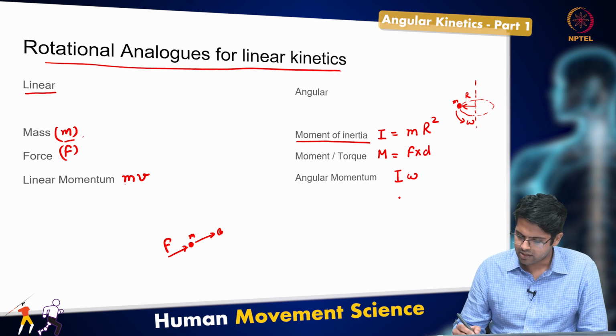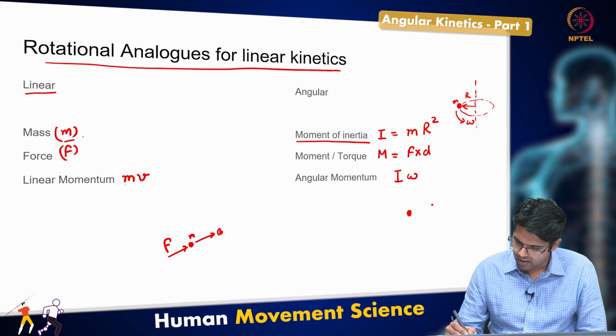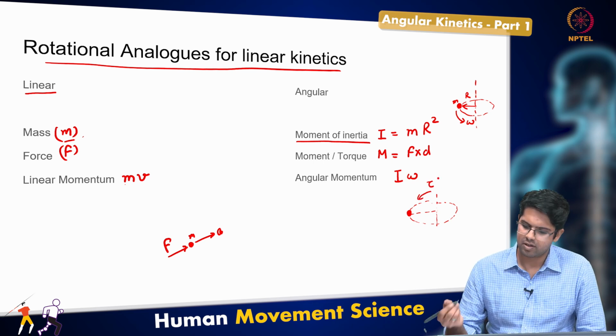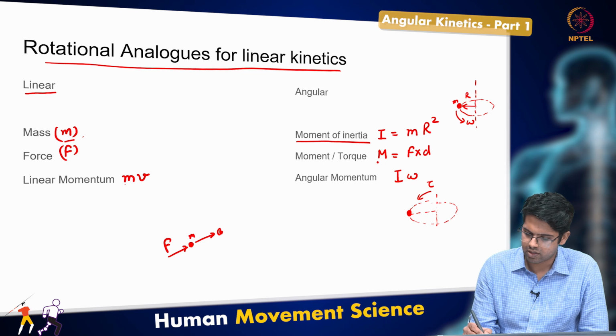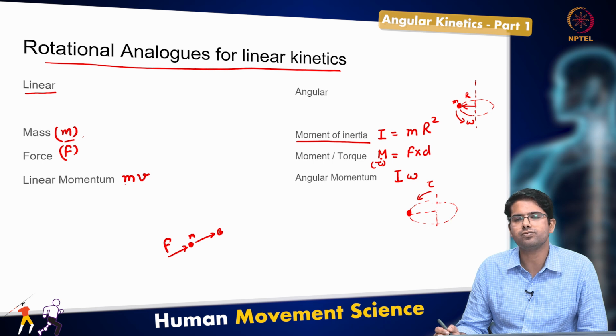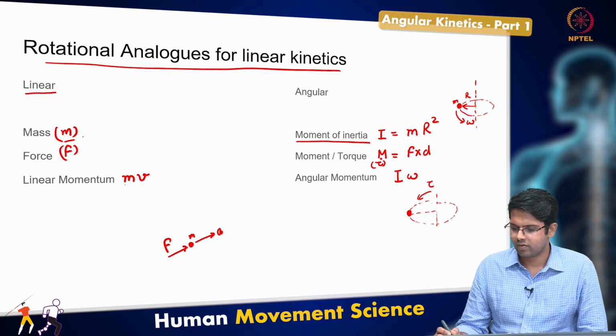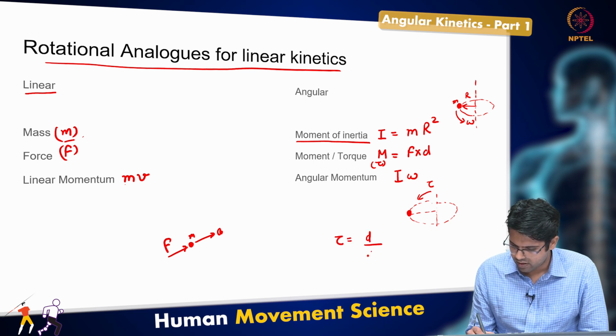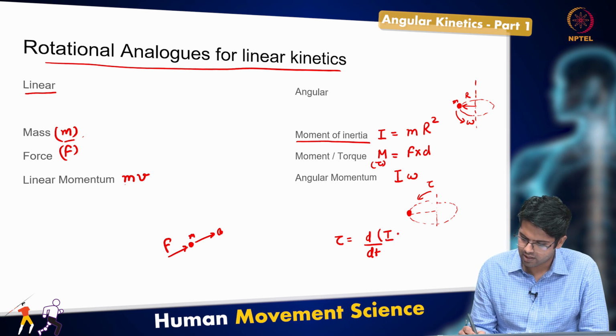So if a mass can only rotate about an axis and I am applying a torque on it, then tau is equal to the derivative of angular momentum, which is I omega.